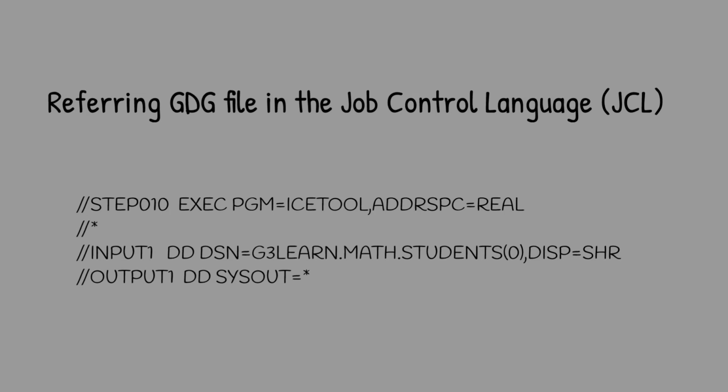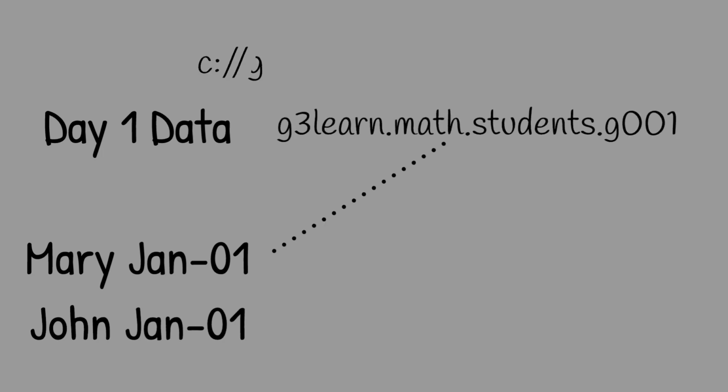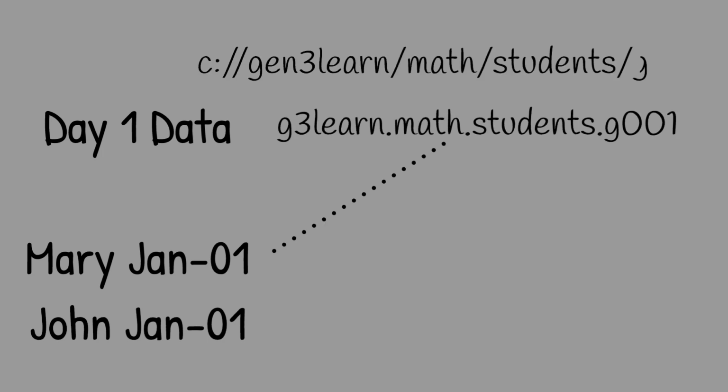What does current version mean? Let's take a look at the same example data that we used for the non-GDG file. When day 1 data comes in, a new generation of the data is created. Relating it to the C drive concept, now the qualifier students is no longer like a file, it acts like a folder.